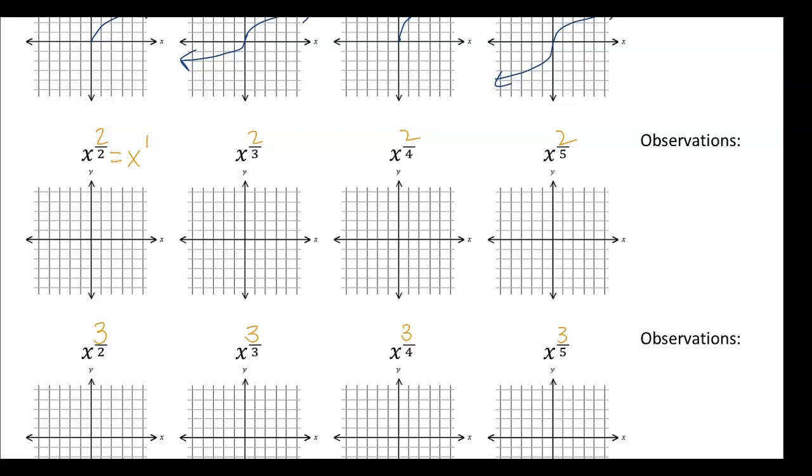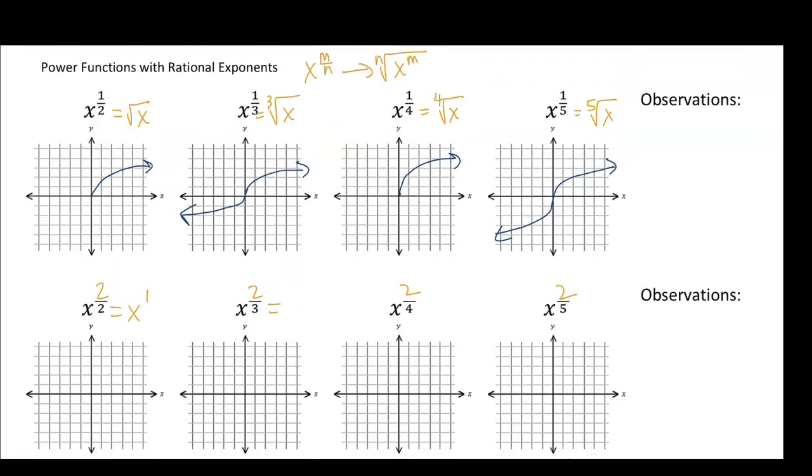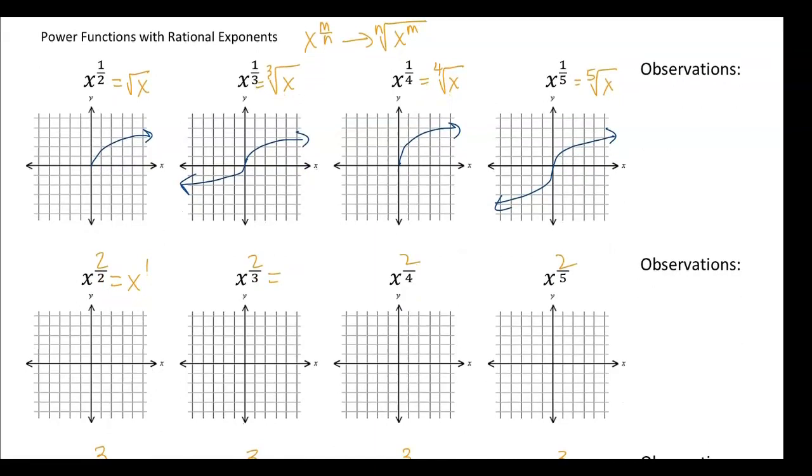For that question, I can't write it in radical form because it simplifies. Can I write the others in radical form, though? Radical is the outline I did right up here. How would I write it in radical form? Cube root of x squared.